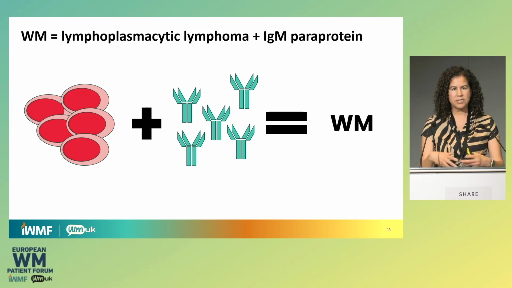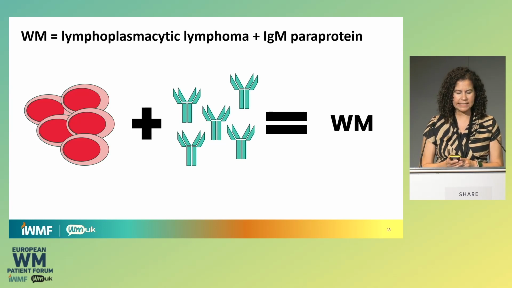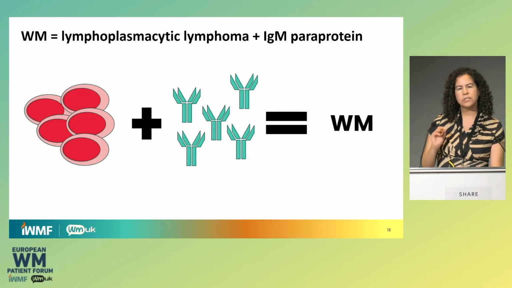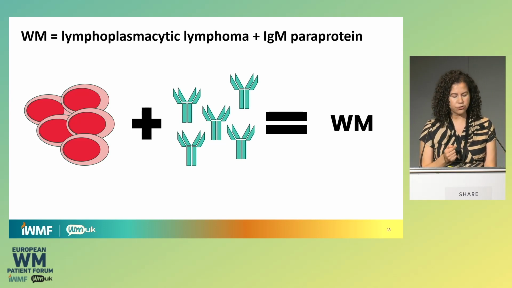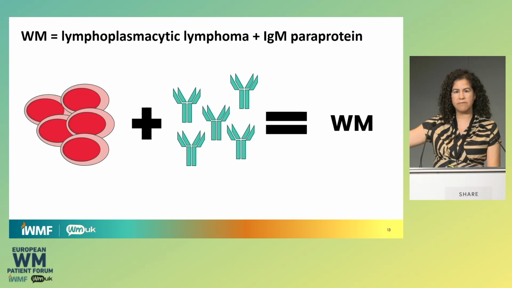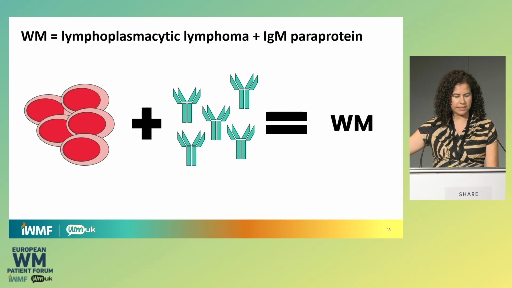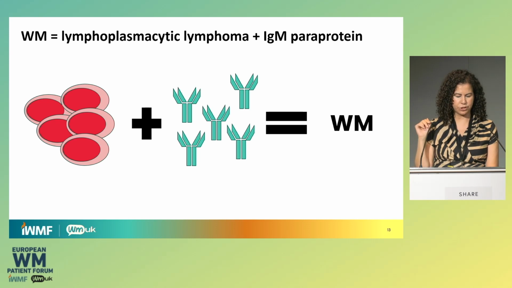And so as you produce more of these abnormal B lymphocytes or B cells, you produce more of the antibodies as well. So WM is quite unique in our lymphomas that we treat, because not only have we got the lymphoma aspect of it, so the abnormal cells, but we've also got the abnormal antibody that's being produced.